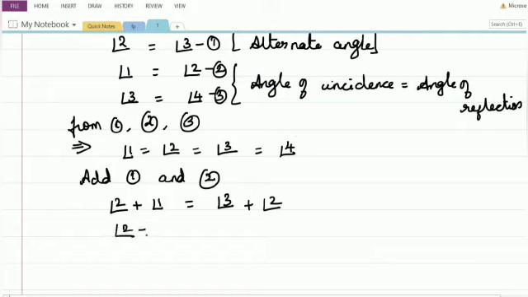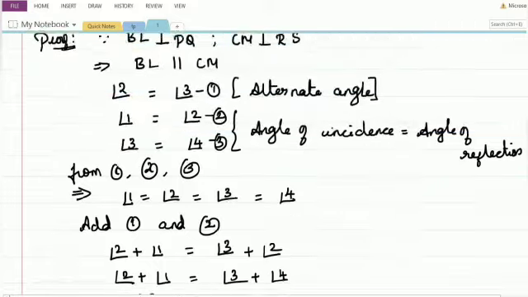So here angle 2 plus angle 1 will be equal to angle 3 plus angle 4, which implies angle ABC will be equal to angle BCD. So therefore, since alternate angles are equal, AB is parallel to CD.